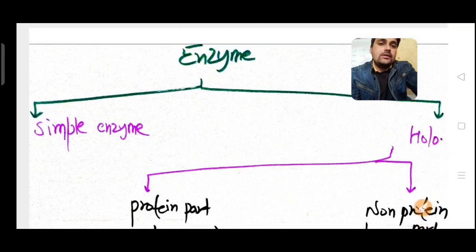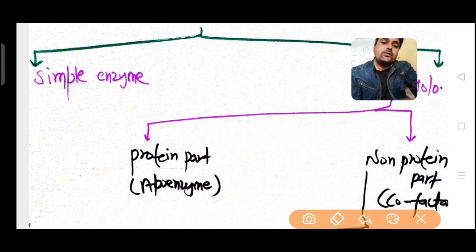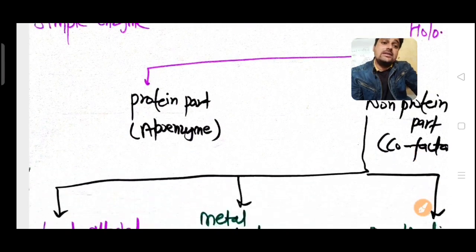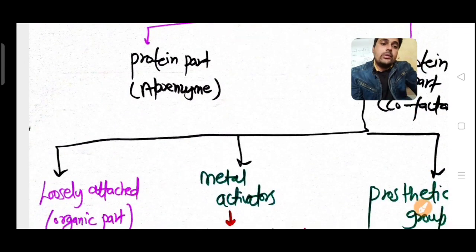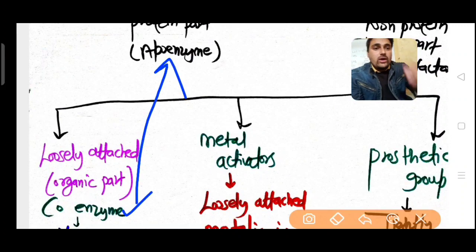Enzyme can be divided into two parts. One is simple enzyme, the other is holo enzyme. Simple enzyme is made up of only the protein part, while holo enzyme is made up of protein, which we call apoenzyme, and a non-protein part, which we call cofactor. Cofactor is again divided into three parts. First is coenzyme, which is loosely attached with your apoenzyme.